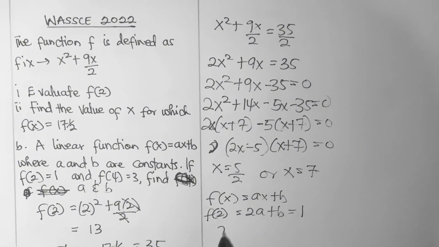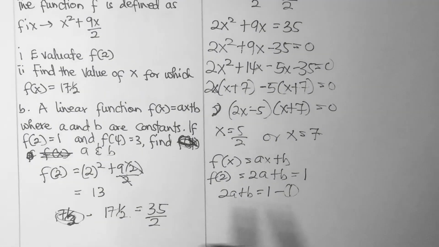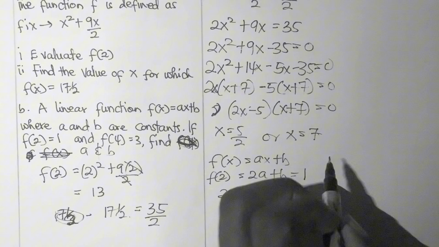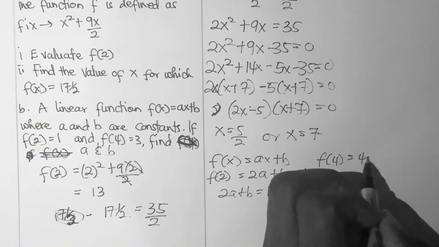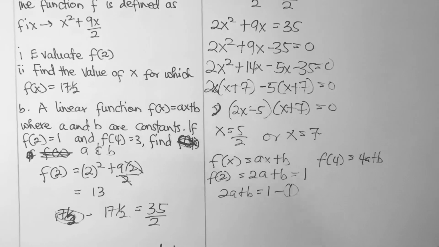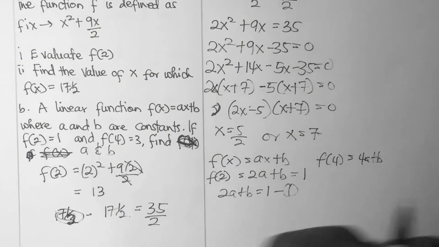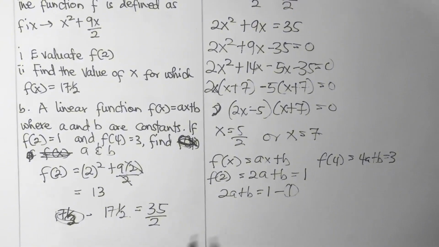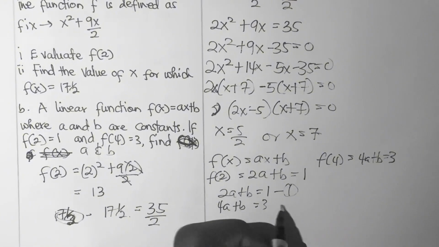So 2a plus b is equal to 1, equation 1. Then let's find f of 4. It is equal to 4a plus b. But f of 4 is equal to 3. This implies that 4a plus b is equal to 3, equation 2.